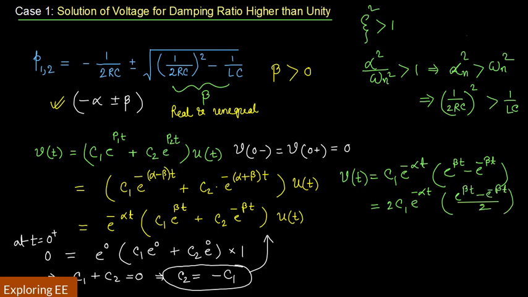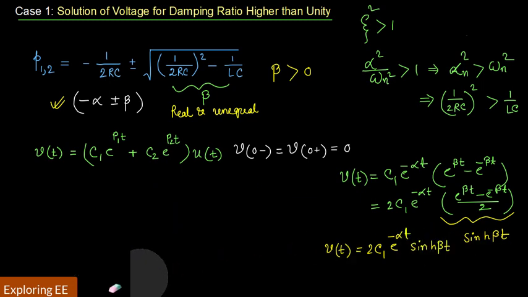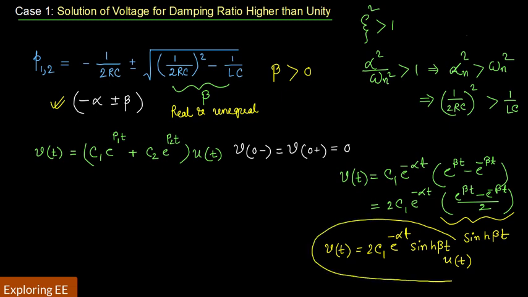This term is actually a hyperbolic function given by sinh beta t. So V of t is twice C1 e to the power minus alpha t sinh beta t, multiplied by u of t. This is the expression of voltage across the branch.